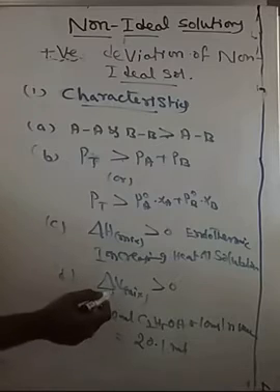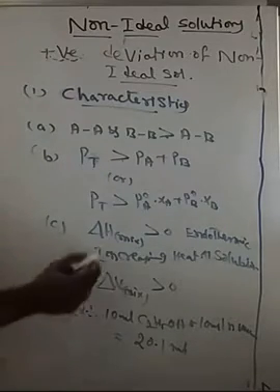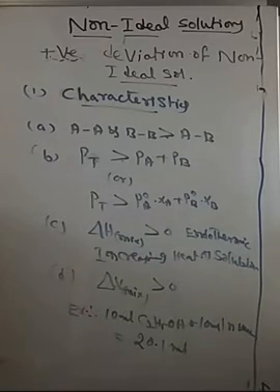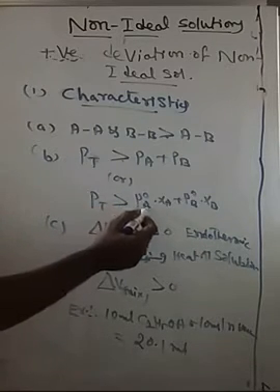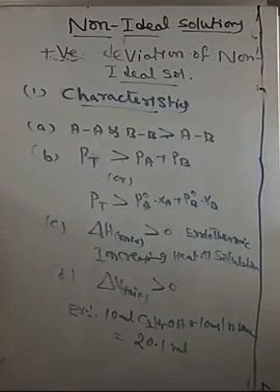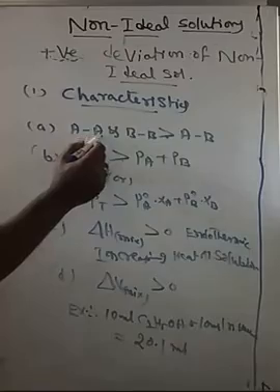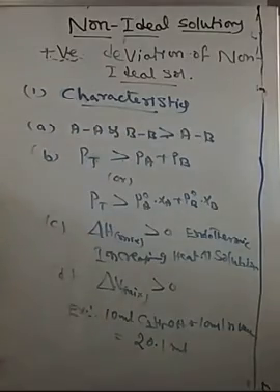Therefore the volume occupied is more than the original volume, and the change in volume is greater than 0. As the temperature increases the solubility also increases, which is why this is an endothermic process. The total pressure is always greater than the sum of the partial pressures of all the components. Next, the A-B interactions are weaker than the A-A and B-B interactions.